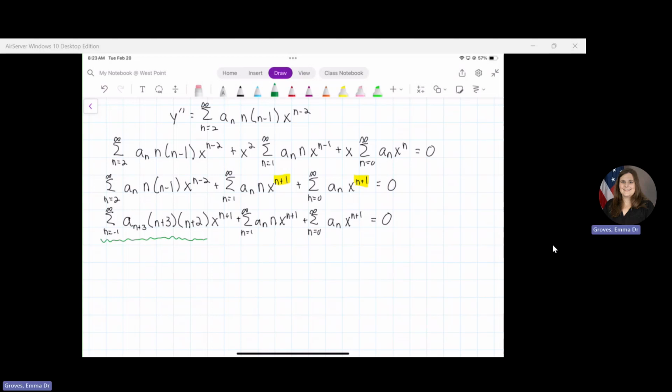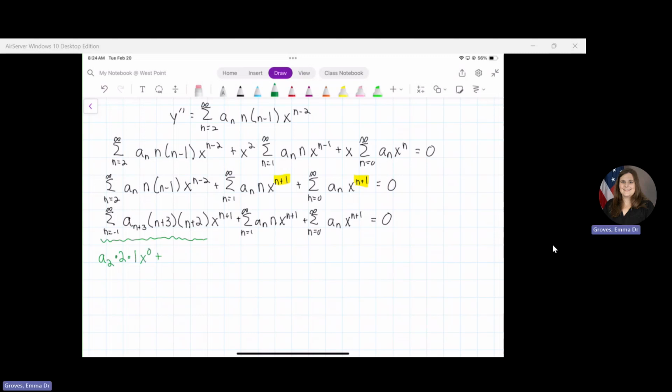So let's just write out the first couple terms of my first summation until I get to n equals 1. So if n is -1, I get a_2 times 2 times 1 x to the 0.